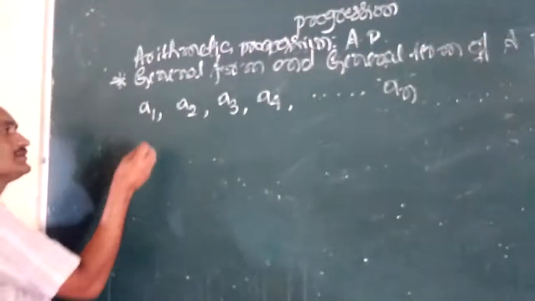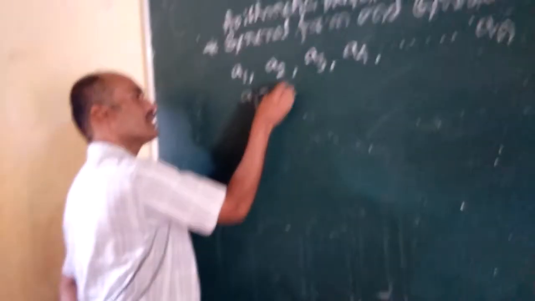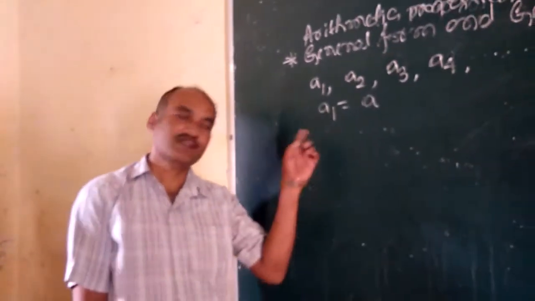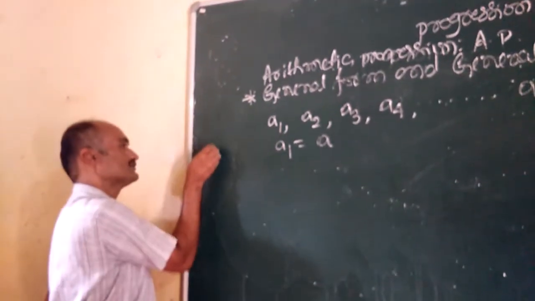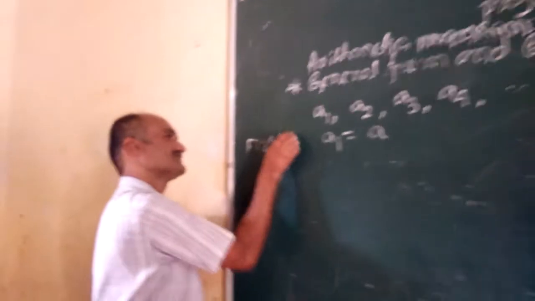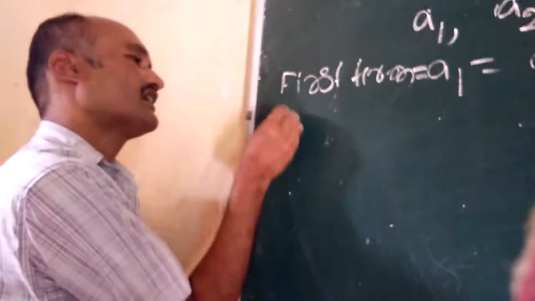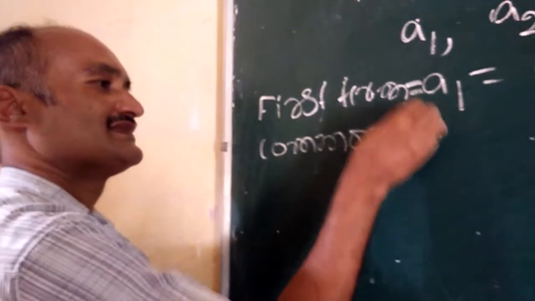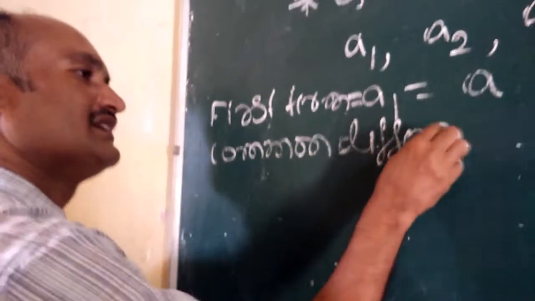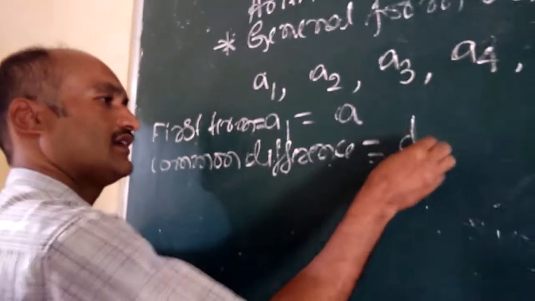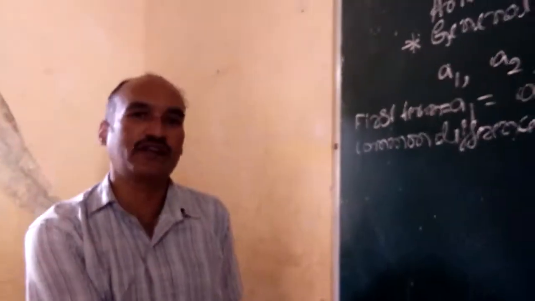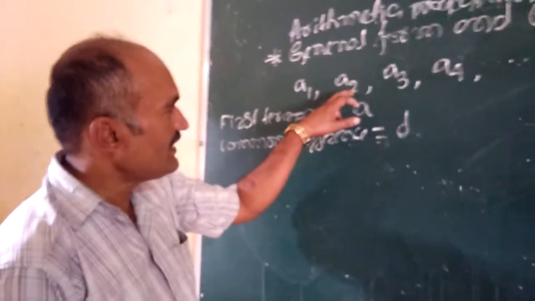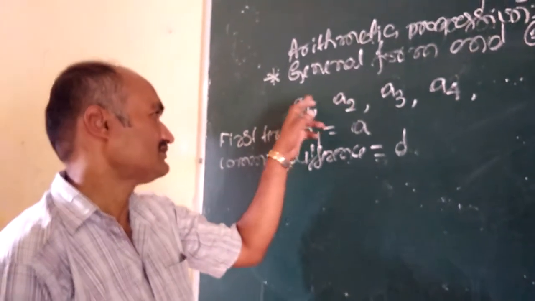The first term is always denoted by A. In arithmetic progressions, the first term is A. And the constant difference, that is the common difference, is D. As I told in the earlier class, my dear student, an arithmetic progression is nothing but the difference between a term and its preceding term.